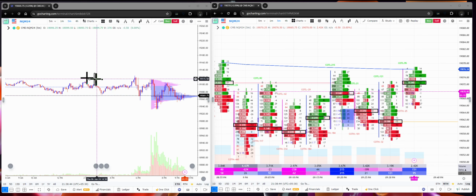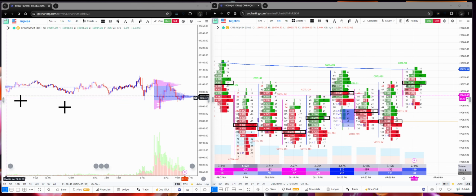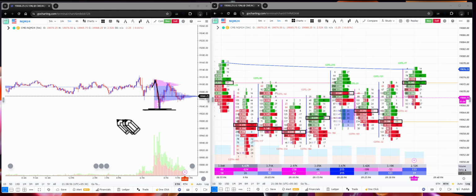It tests the upper bound range of this overnight session, goes down, and this is where I get my clue. It goes down, doesn't break. This is exactly the POC of the previous day, not the overnight session, but the previous day that we just saw. It takes a bounce from this, and a good one, in the sense it goes one way in this direction. Similarly, it had gone one way in the other direction.